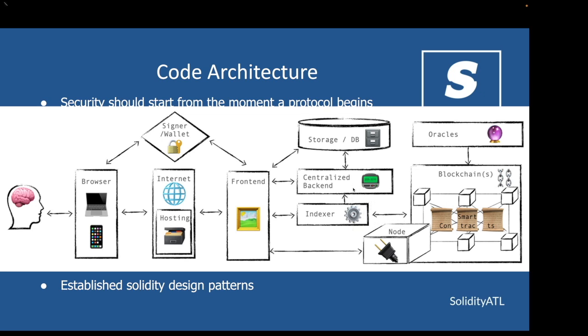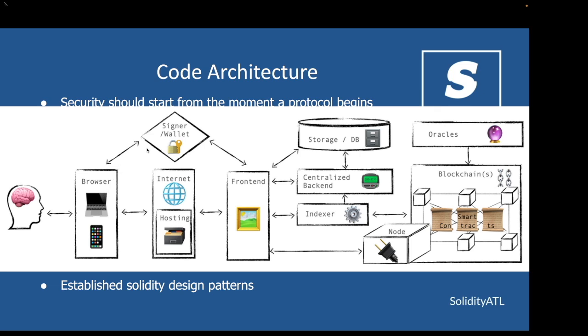You can imagine these backend services being a Node.js server or a Rust server that can communicate with smart contracts, or they may just be talking to a normal database like Postgres or something like that. And then users are interacting with this front end generally through a browser over the internet.